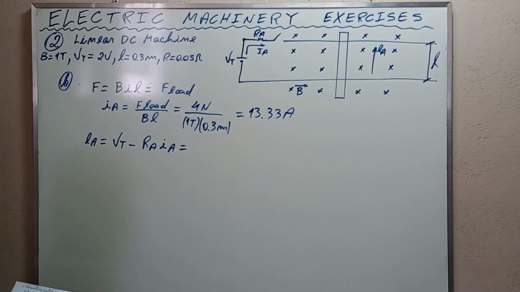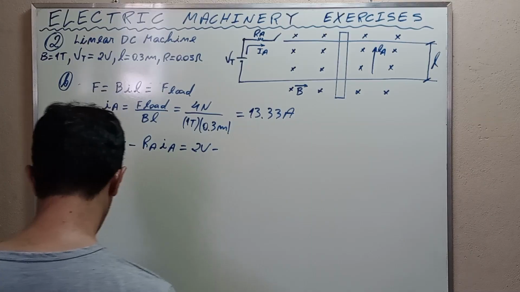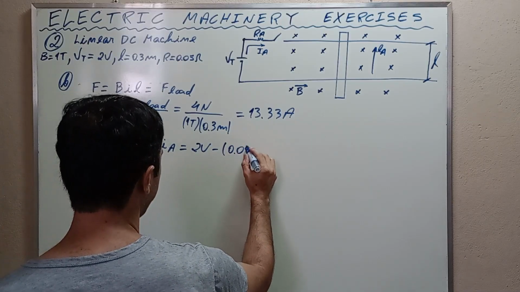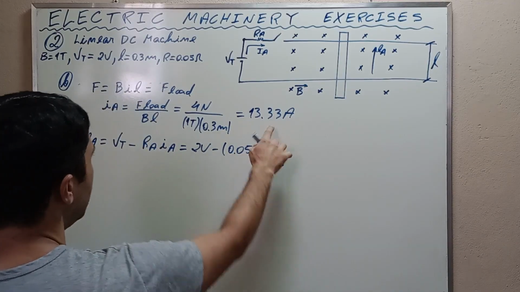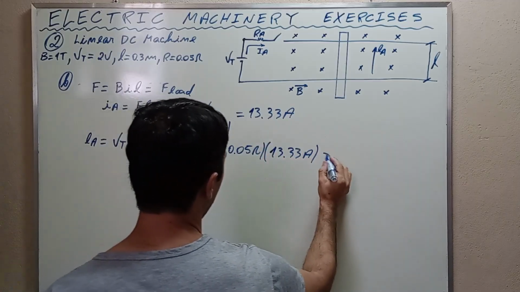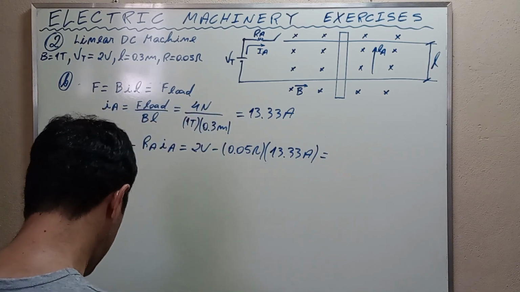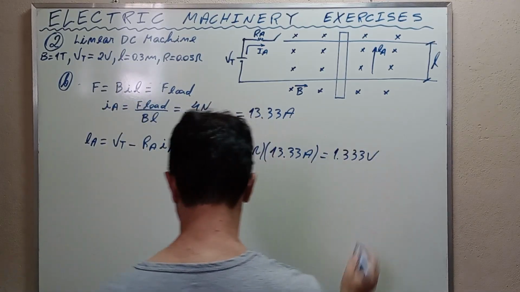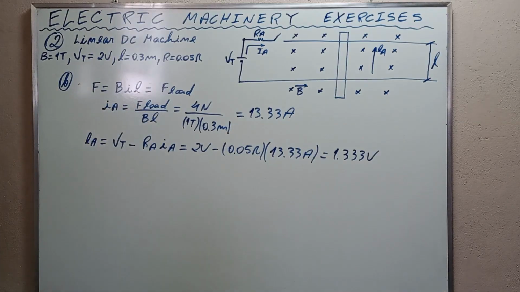Vt we know is 2 volts, and Ra we already know is 0.05 ohms, and the current we just calculated is 13.33 amps. Okay, my friends, and then we find a voltage of 1.333 volts.